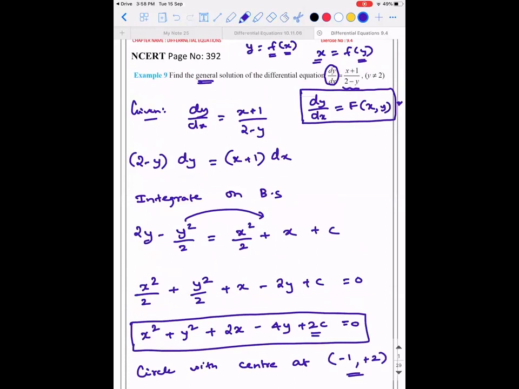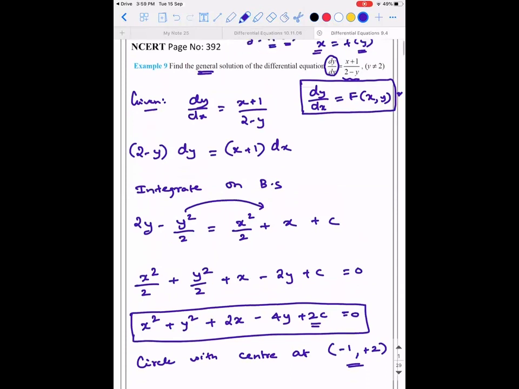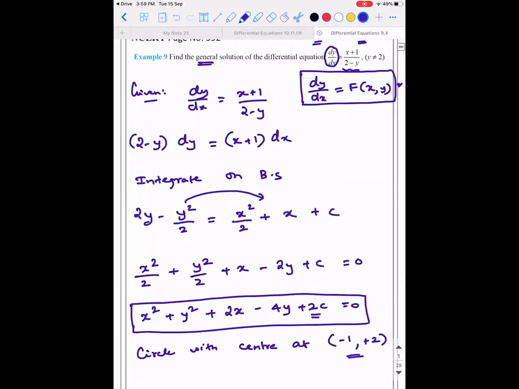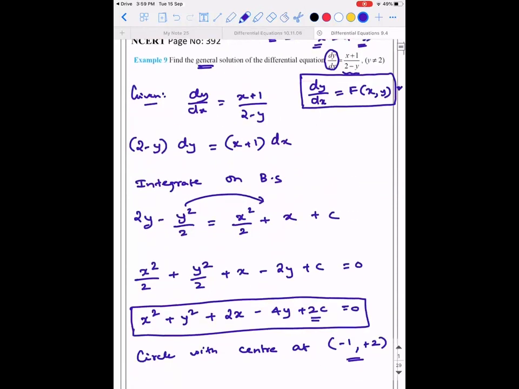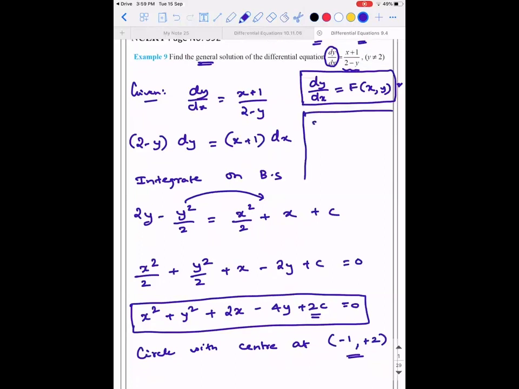Sir, can you explain why you didn't add a constant on the LHS? You can do it on that side also. Is there anything specific, like you're not supposed to add it? Nothing like that, because that c value I don't know. If you want me to add it there, leaving plus x, then x to the other side, I would get y square plus x minus 2y minus c is equal to 0.